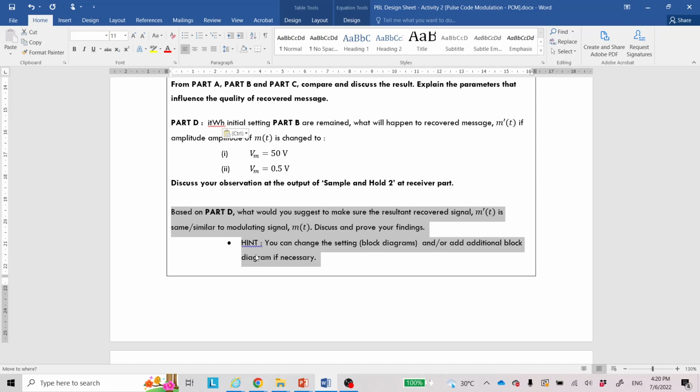So in this part, it is not only that you explain, but you need to make it. You cannot suggest something you cannot do. You can find the suggestion from anywhere, from the internet, from the books. So you do it in the simulations and prove that you can produce the same input signal at the output of the receiver.